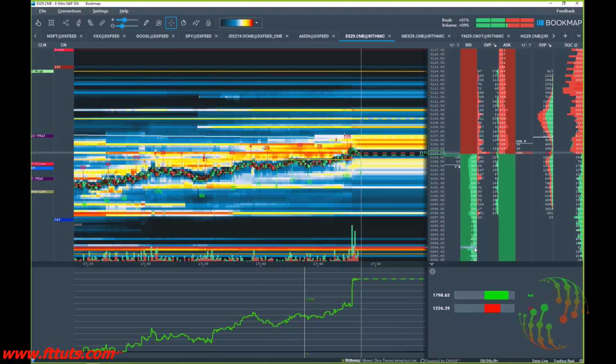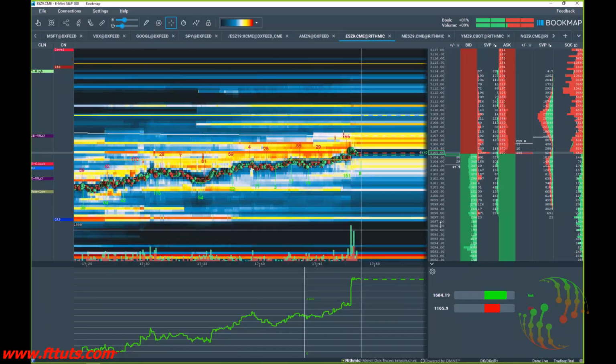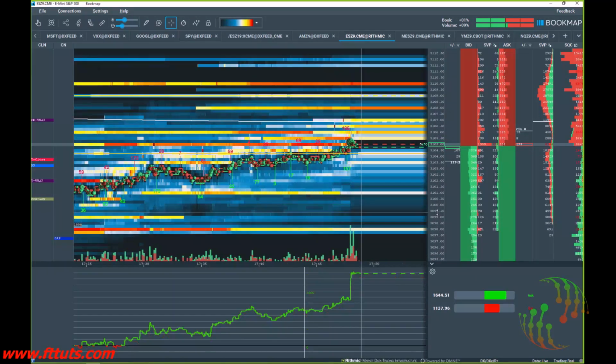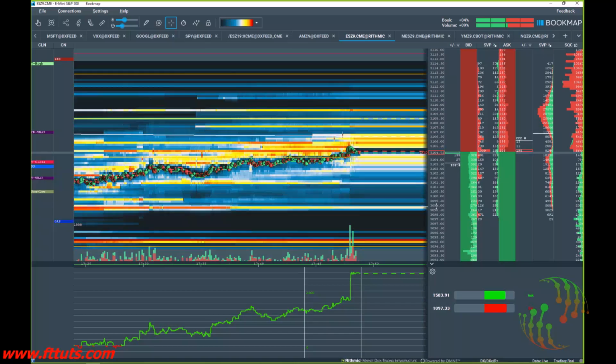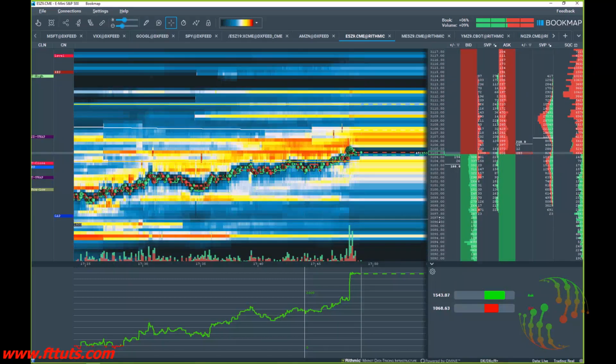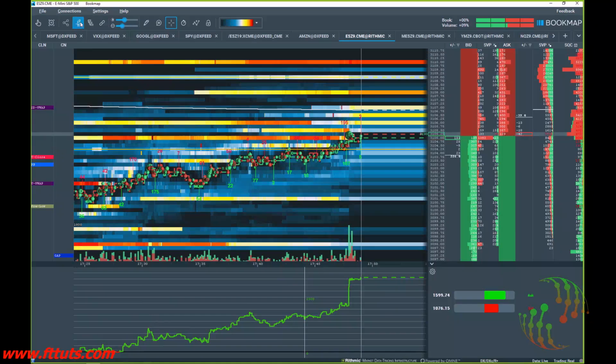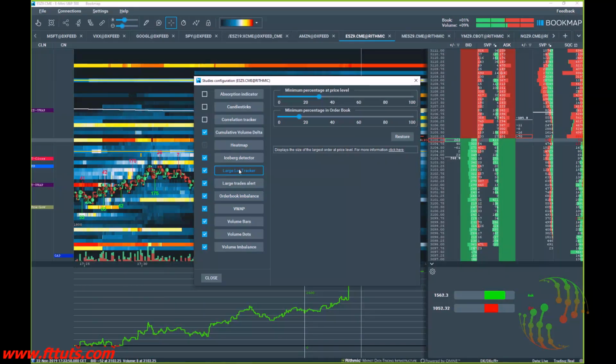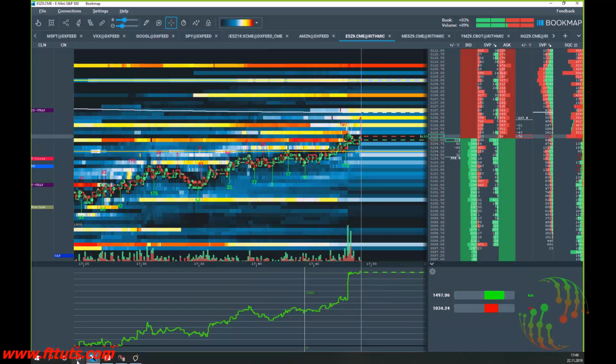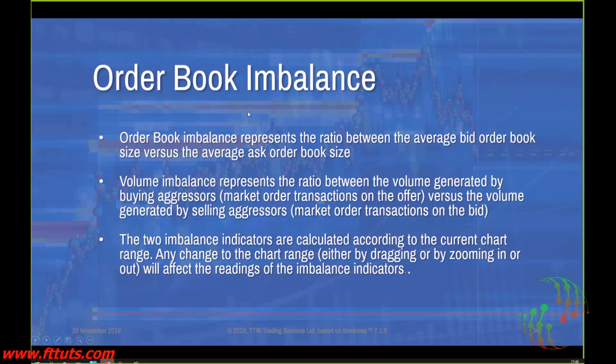And that means there is a really large institution, or a big guy with enough money to absorb the contracts here at 94. Absolutely helpful. So if you have it, put it on your chart. It helps you to get a little bit more overview.